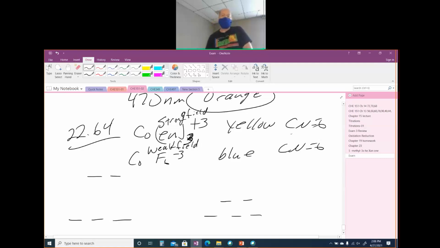Both of these, your CO is a +3, so cobalt is 9 on top. So both of these are D6. So the strong field is going to be a low spin because this fourth electron will not go way up here to this high energy. It's going to pair. The pairing energy is lower than the delta. And so your delta is very large.